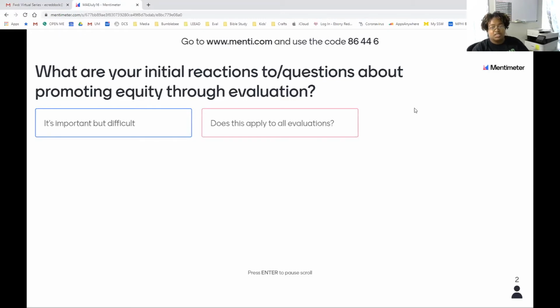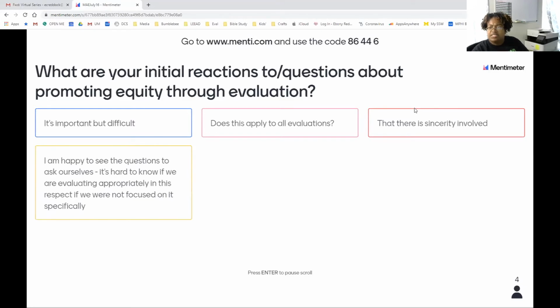That's a good question. Does this apply to all evaluations? I think that's a good question. I have my answer, but also acknowledge that there are situations in which that can be difficult to embrace, right? That there's sincerity involved.